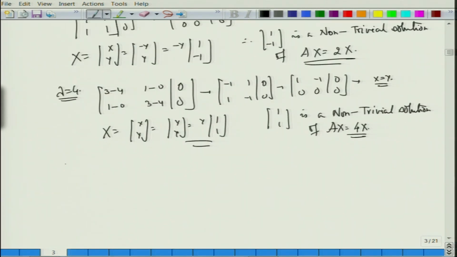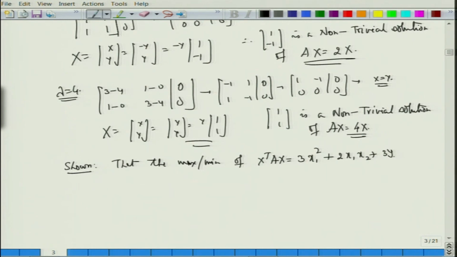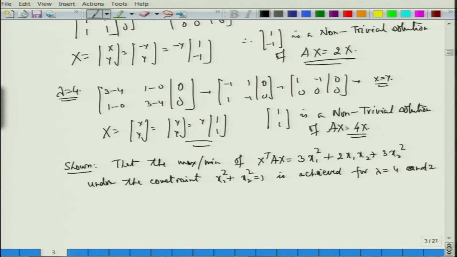So what we have shown is that the maximum or minimum of x transpose Ax, which was nothing but 3 x1 square plus 2 x1 x2 plus 3 x2 square, under the constraint x1 square plus x2 square equal to 1, is achieved for lambda equal to 4 and 2.